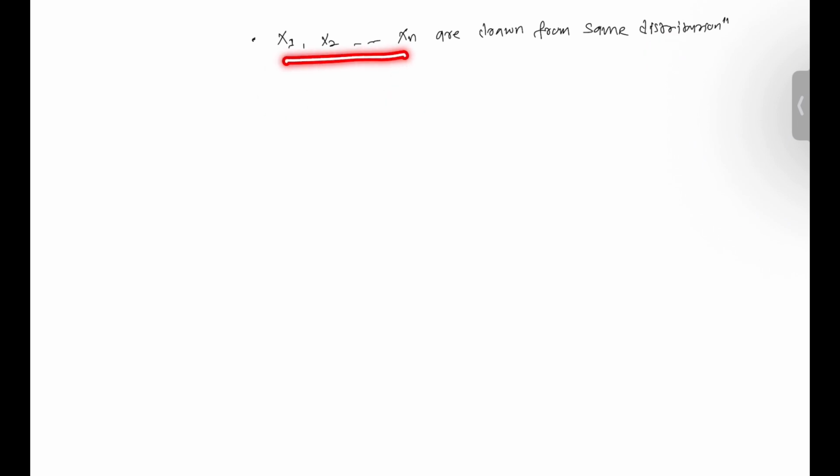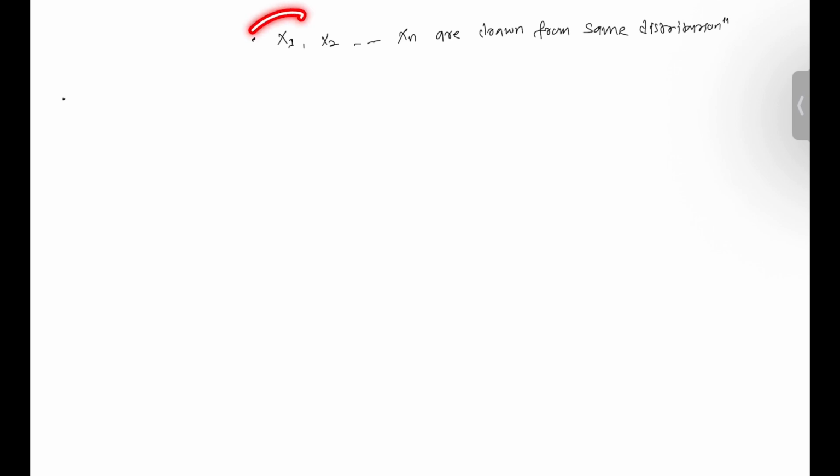Whatever distribution we are drawing from, these will have the same distribution. And we have also made one more assumption while going through the central limit theorem, that all these random variables are independent.